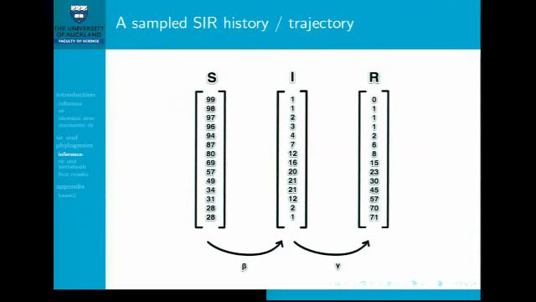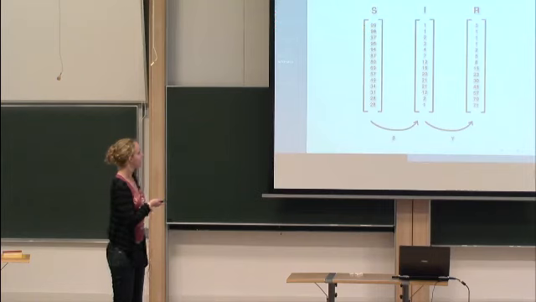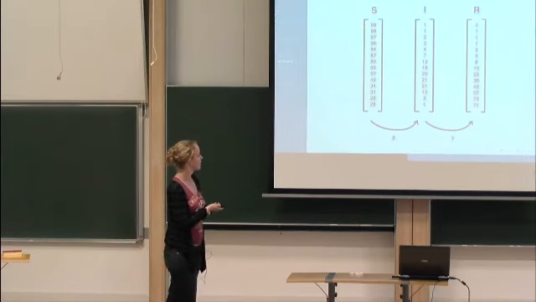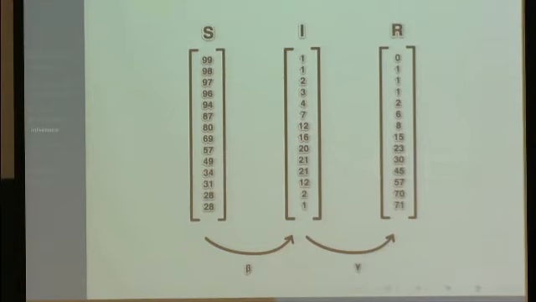Now, this is what I call an SIR history or SIR trajectory, which I show now because that's what I try to sample in BEAST to combine SIR and phylogenetics. And those who are not too tired because the coffee break is coming up soon might see that I don't have single events here.